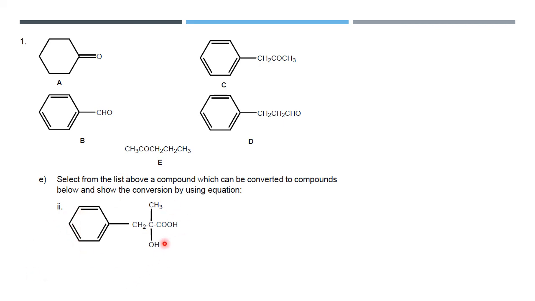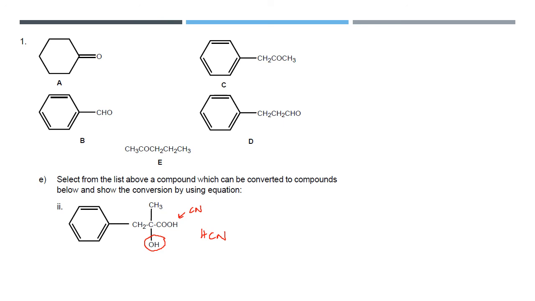We have a carboxyl group here. So if we have a carboxyl group, it might start from CN. When it has a CN and also OH, the carbonyl group must have reacted with HCN.